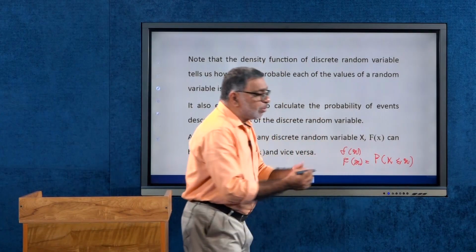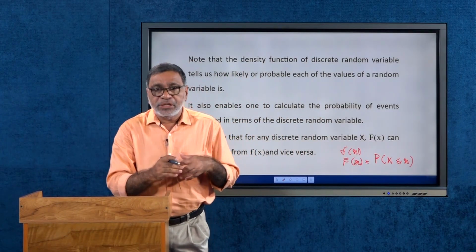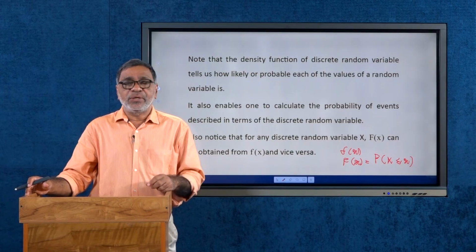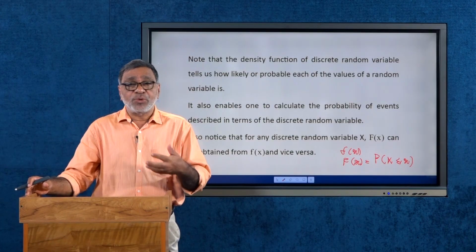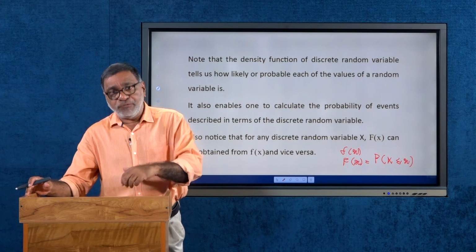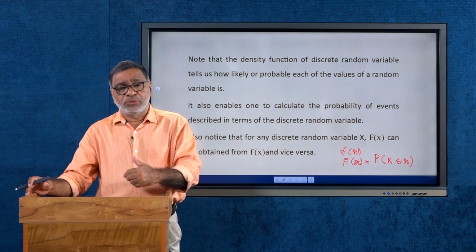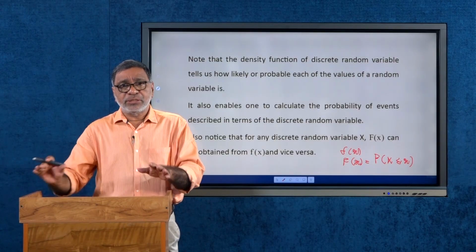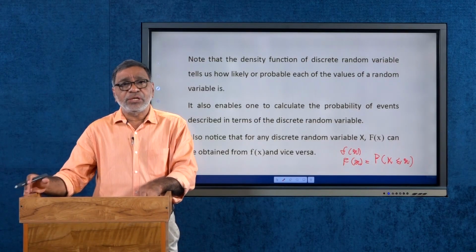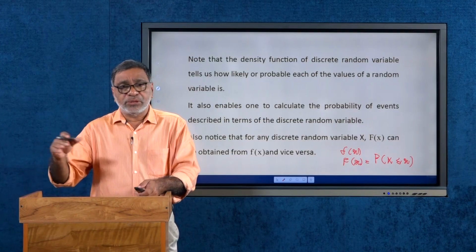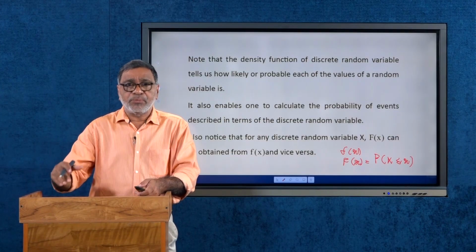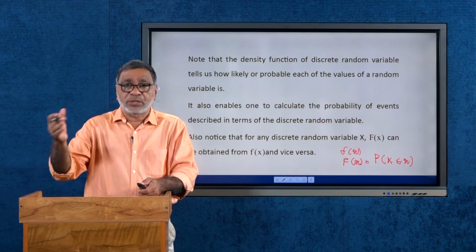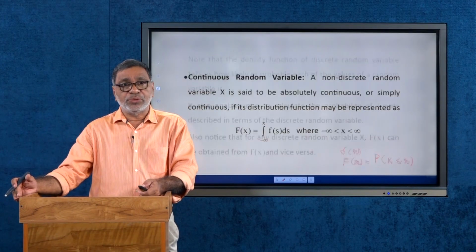So, this is very simple to calculate the probability distribution function or cumulative distribution function of a discrete random variable if the probability mass function is available to you. Or if the distribution function is available to you, you can find the probability mass function also. So, when x is a discrete random variable, it is very easy to calculate the probability mass function and the corresponding probability distribution function.